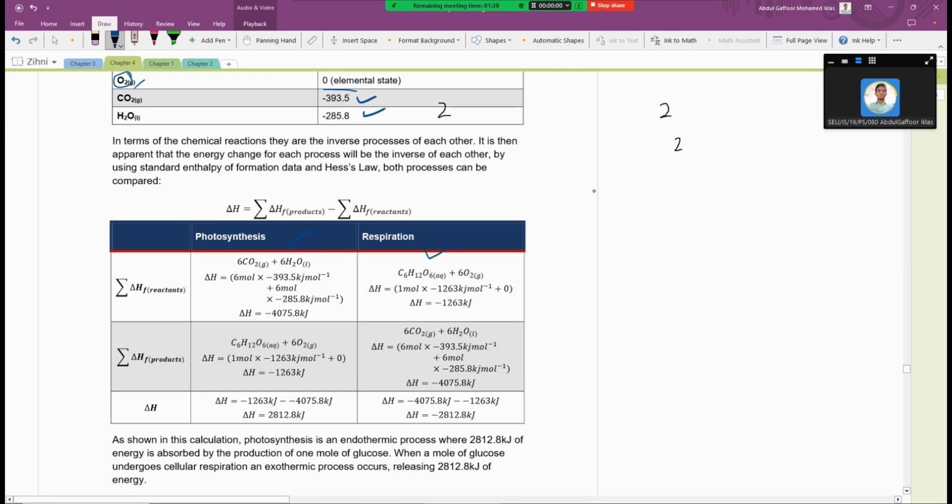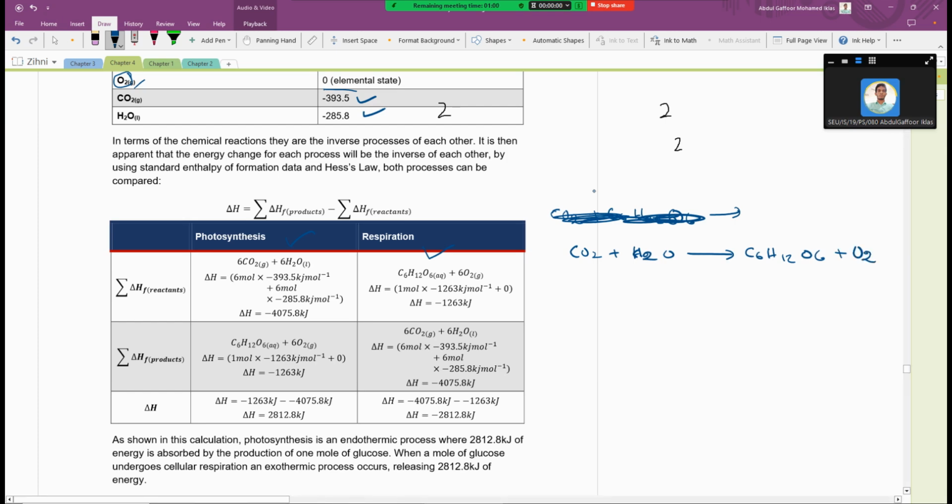So now you see, first we have to find out the CO2 plus H2O gives C6H12O6 plus oxygen gas, right?